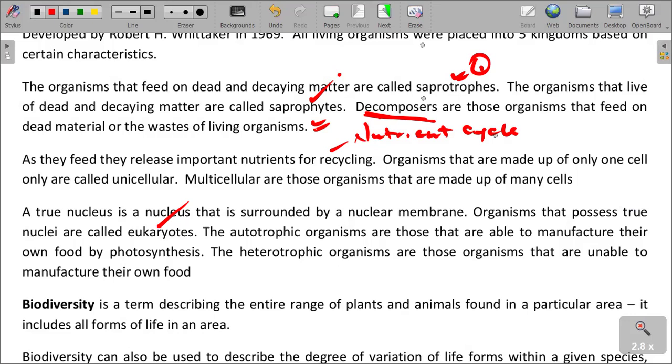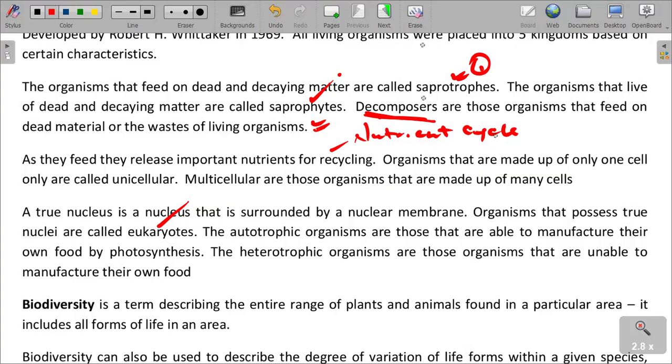So I've already mentioned that we can talk about the autotrophic and the heterotrophic organisms, which is a two kingdom classification, the Plantae versus the Animalia. So the Animalia and the Plantae are the two main kingdoms when we look at the classification of all living organisms based on the two kingdom classification system.